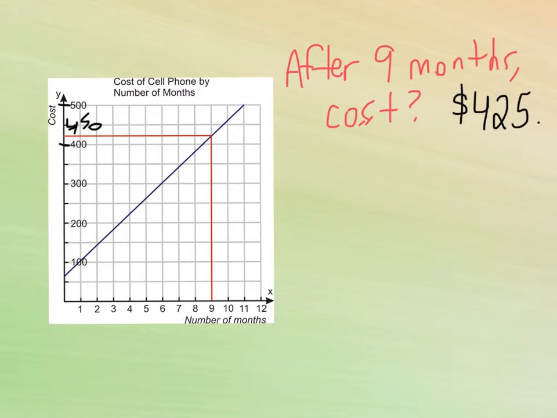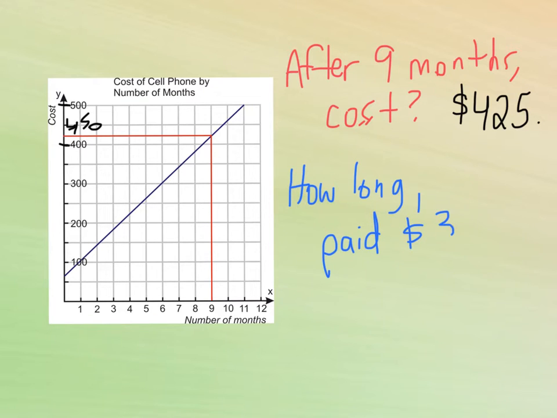One more example is you could be asked how long have you owned the phone if you've paid, let's say, $350. In that case, we're being given the y value, the cost at $350.